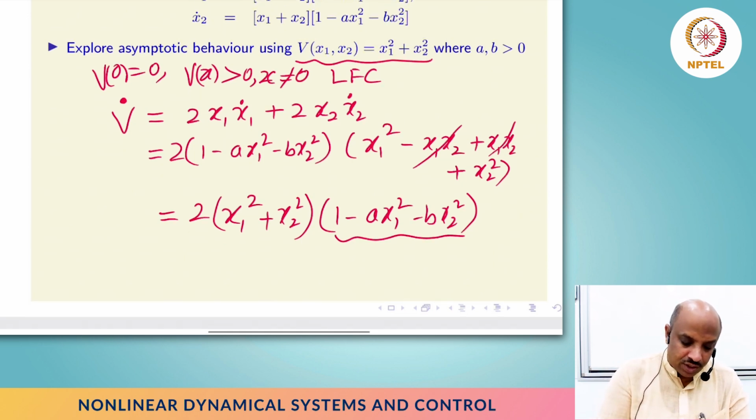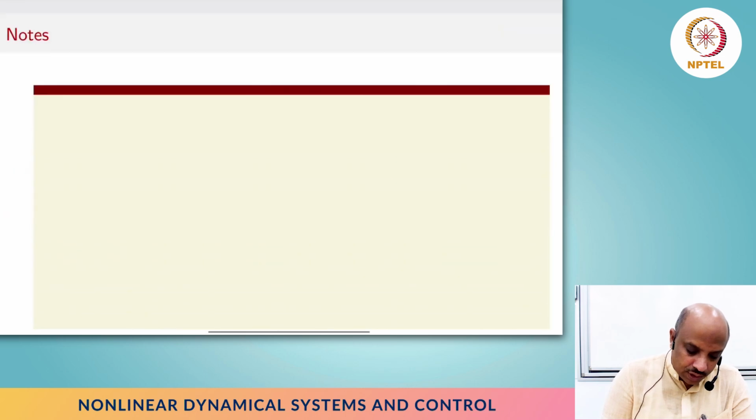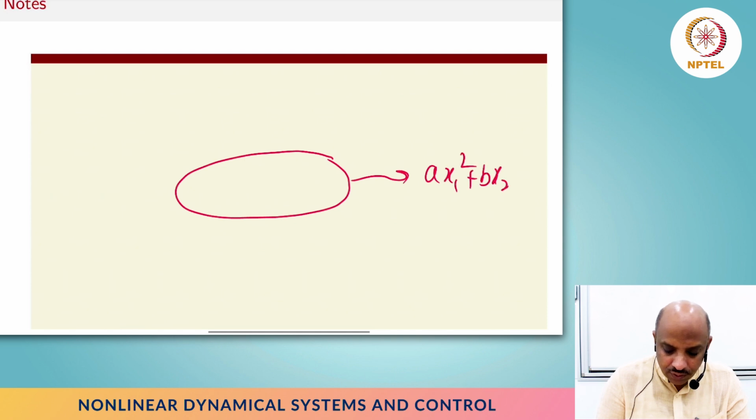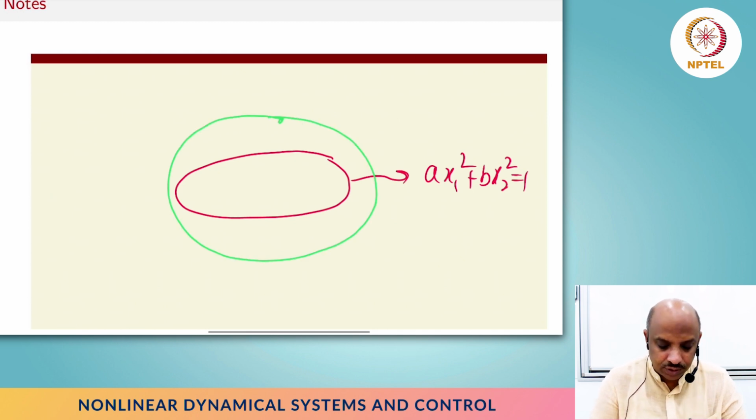So let me draw a picture and then perhaps show. We have this ellipse, a x1 square plus b x2 square is equal to 1, right? And I'm somewhere here. Let's say I have this circle, or even a bigger circle for that matter.